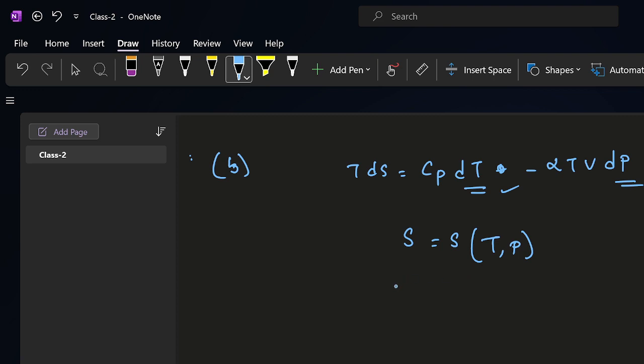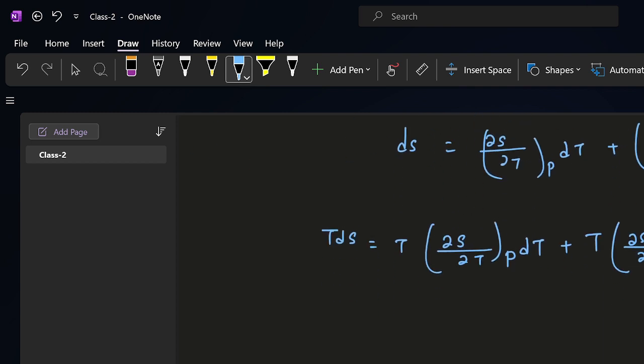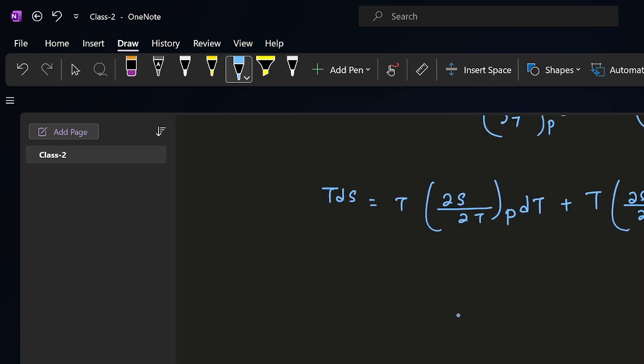Once that is done, the same thing can be followed: ds equal to del s del t at p constant dt plus del s del p at t constant dp. Then just multiply t on both sides, so it becomes t ds, and so on.